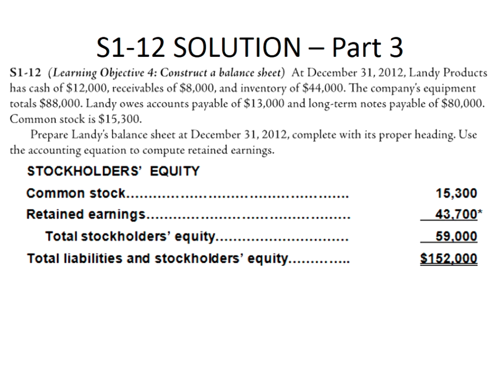Retained earnings, we calculated at the very beginning, that's $43,700. We calculated that, so we're good. And then I get my total stockholders' equity: $59,000. And that is adding common stock plus retained earnings.